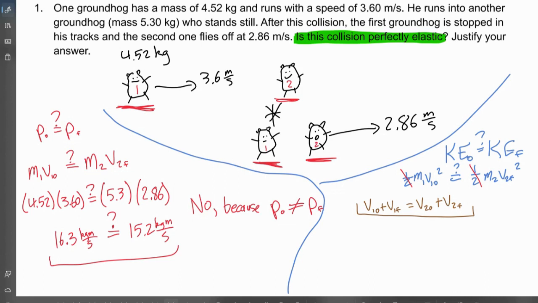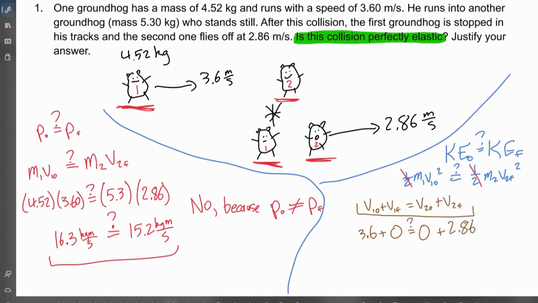Is momentum conserved and is it an elastic collision? So actually, we could have just started here and said, okay, V1 initial, 3.6 plus V1 final, 0, equals V2 initial, 0, plus V2 final, 2.86.